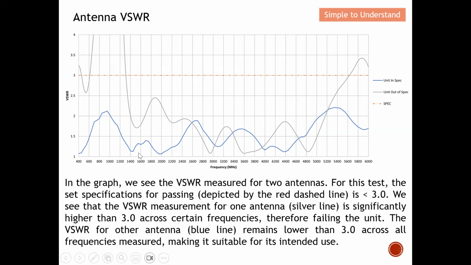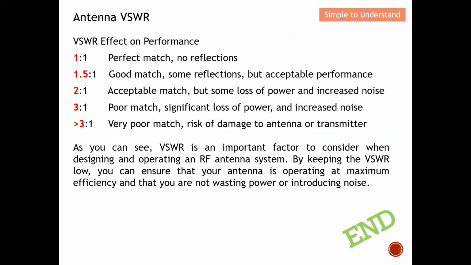As I mentioned earlier, it needs to be as close to 1 as possible. Otherwise, in industry practice, most of the time we will set it to 3, or in some cases we set it to 2. If they are lower than 3 or 2, then the antenna is deemed suitable to use.